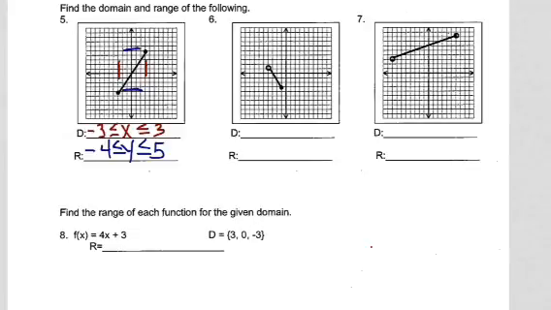Looking at number 6 and the domain, the domain reaches from -4 to -1, and we know that -4 is less than x, so x is greater than -4, but x is less than -1 as far as the domain is concerned.